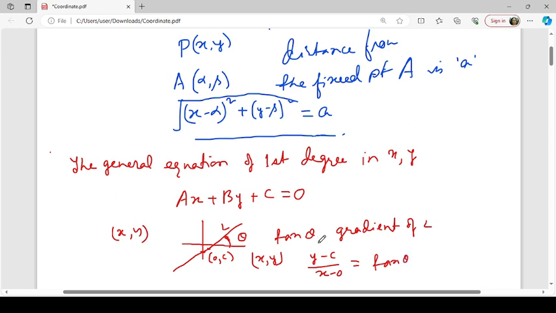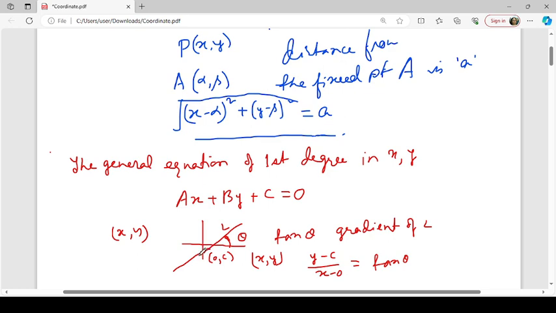Means this (x, y) follows this rule. So (0, c) is a point on the line, and what is this point? Its x coordinate is 0, or we say this point is the point of intersection of the line and the y-axis. So its x coordinate is 0 and y coordinate is c.